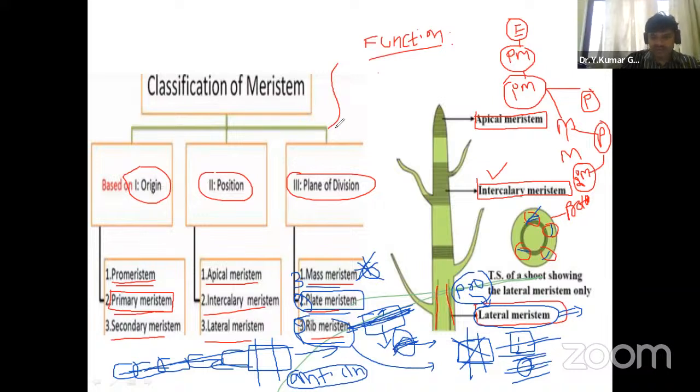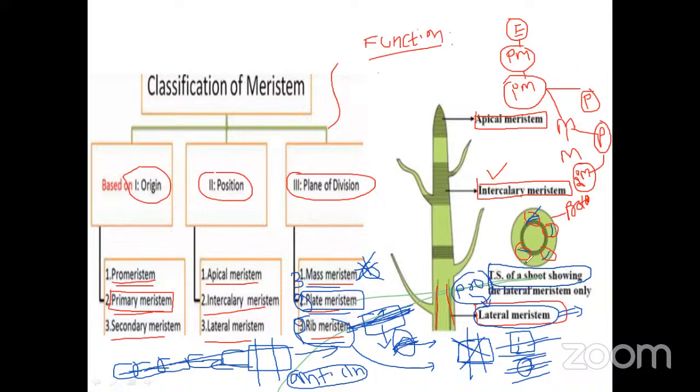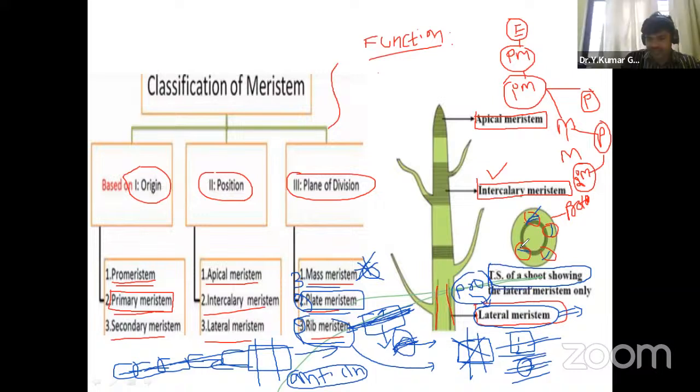Let me explain in detail. For example, how do you see this TS of a shoot? If you take one vascular bundle, there are cambium cells.